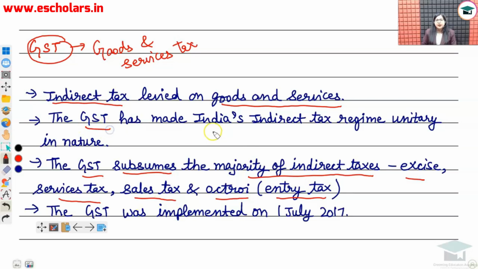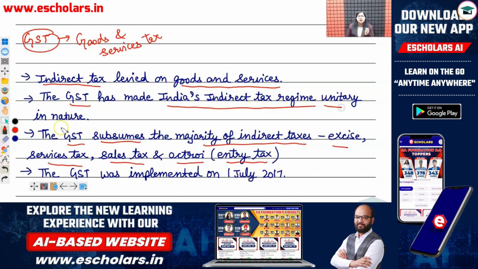The GST has made India's indirect tax regime, that is India's indirect tax system, unitary in nature. That is, the rates of GST are the same in all the states of India, right? So it is basically a uniform indirect tax system which is prevailing in India. GST was implemented in India on 1st July 2017.